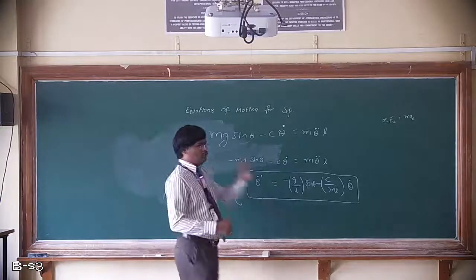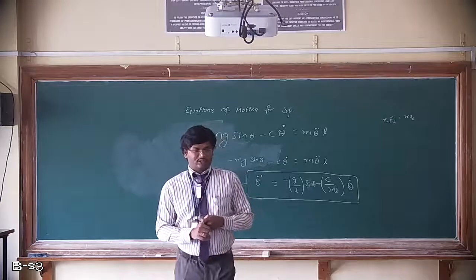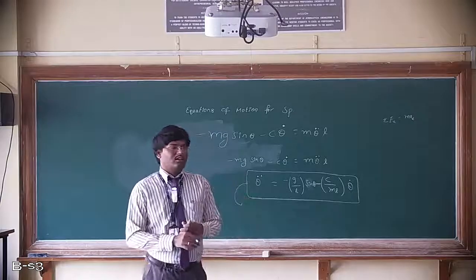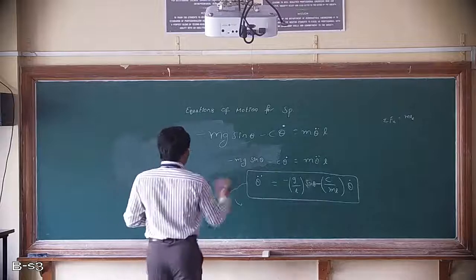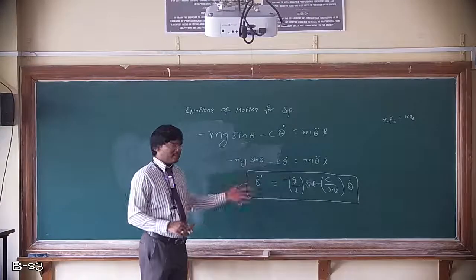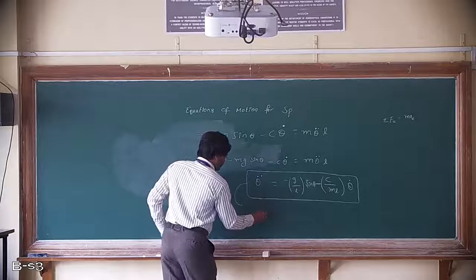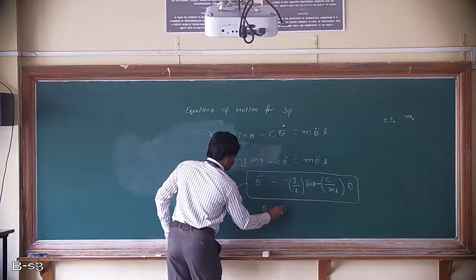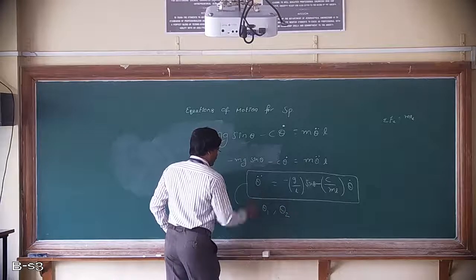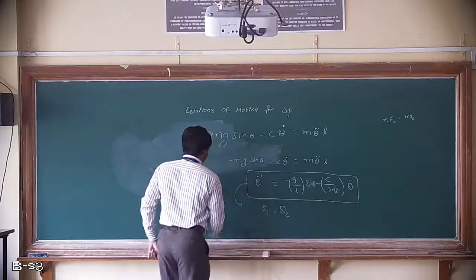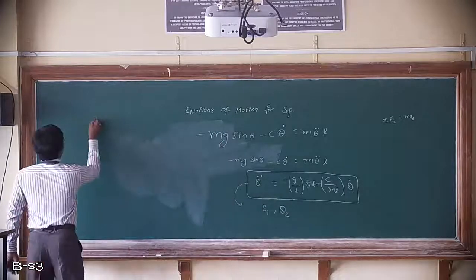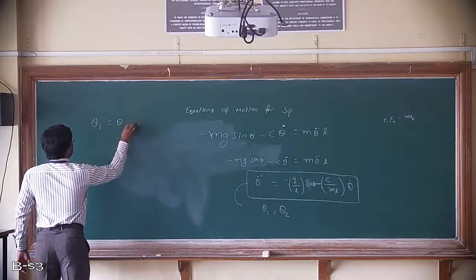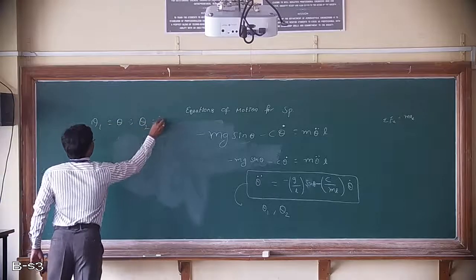You are taking 2 state variables. State variables are nothing but what define the state of the system. Here I am taking 2 state variables, theta 1, theta 2, right? Your theta 1 is nothing but theta, and theta 2 is nothing but theta dot.